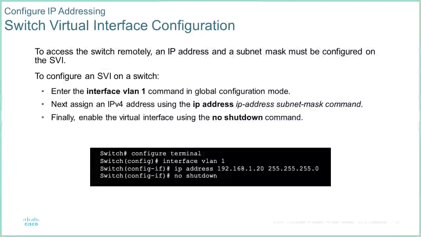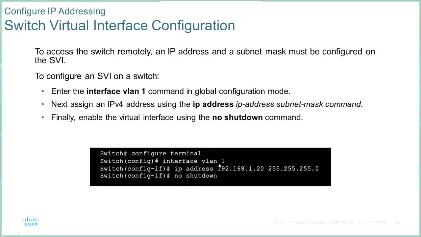The configure terminal and interface VLAN 1 is a unique thing to switches. So what we're doing here is setting up a virtual local area network interface on the device.